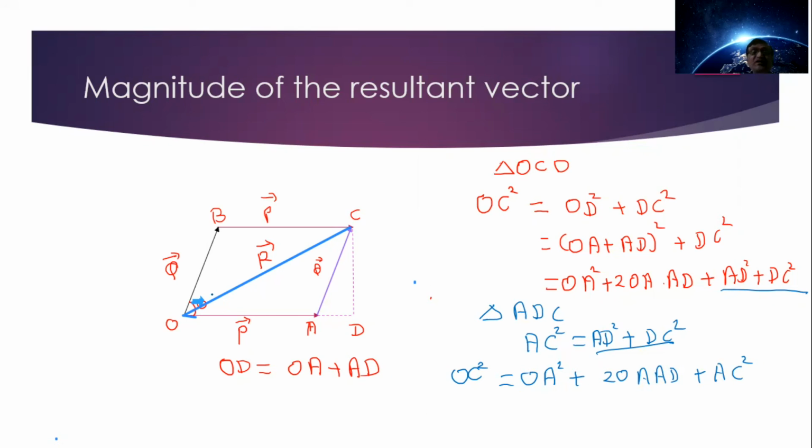Now from this figure we can see OA is equal to P. OB is equal to AC is equal to Q. And OC is equal to R, because OC vector is equal to R vector.